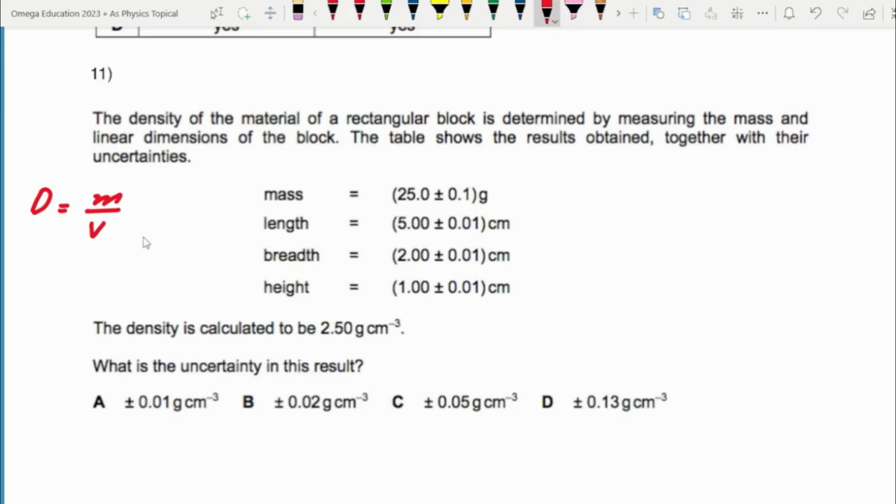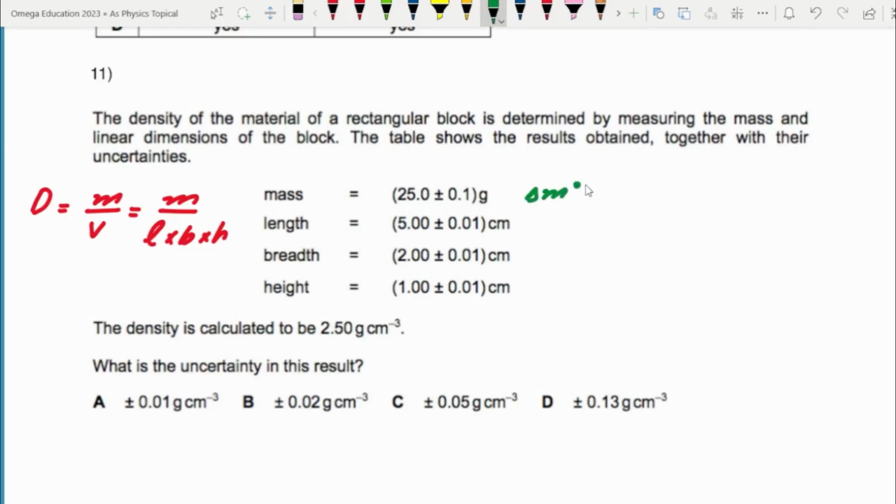In the formula, we have two quantities which are being divided. We need to add their percentage uncertainties. So for the mass, what do we have? Mass as it is, but the volume is not given directly. So we write length times breadth times height. Let us now find the percentage uncertainties of all of them.